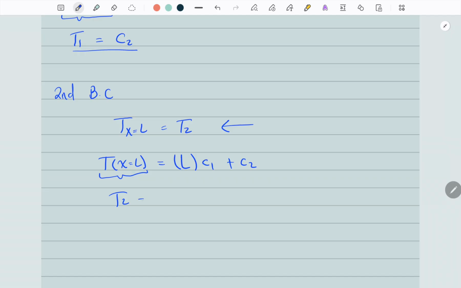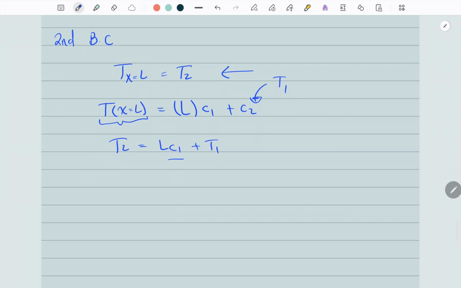T2 equals L C1 plus C2, which we found earlier to equal T1. Therefore, plus T1. Now, solving for C1, C1 equals T2 minus T1 over L.